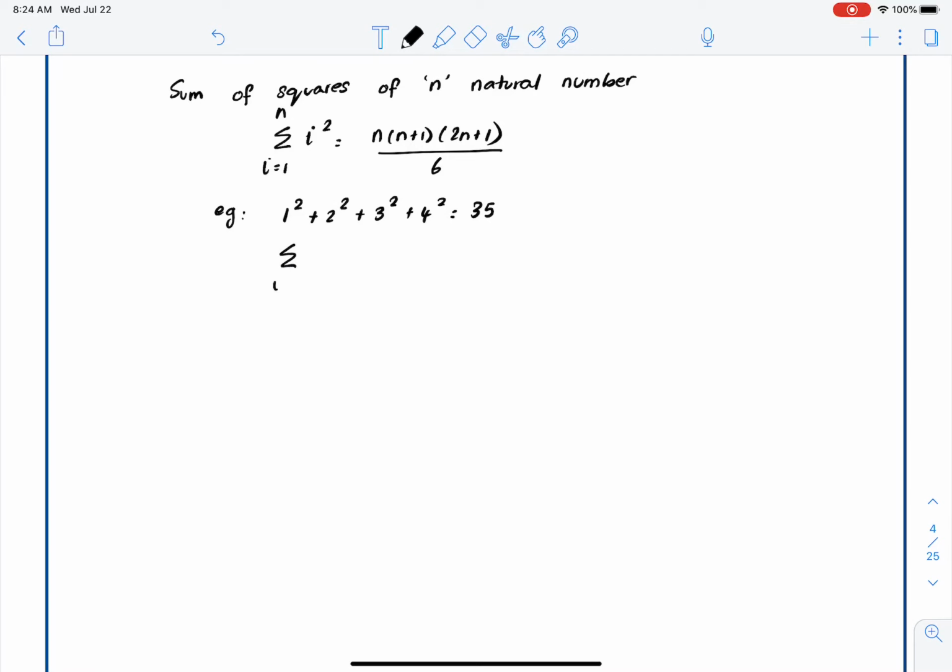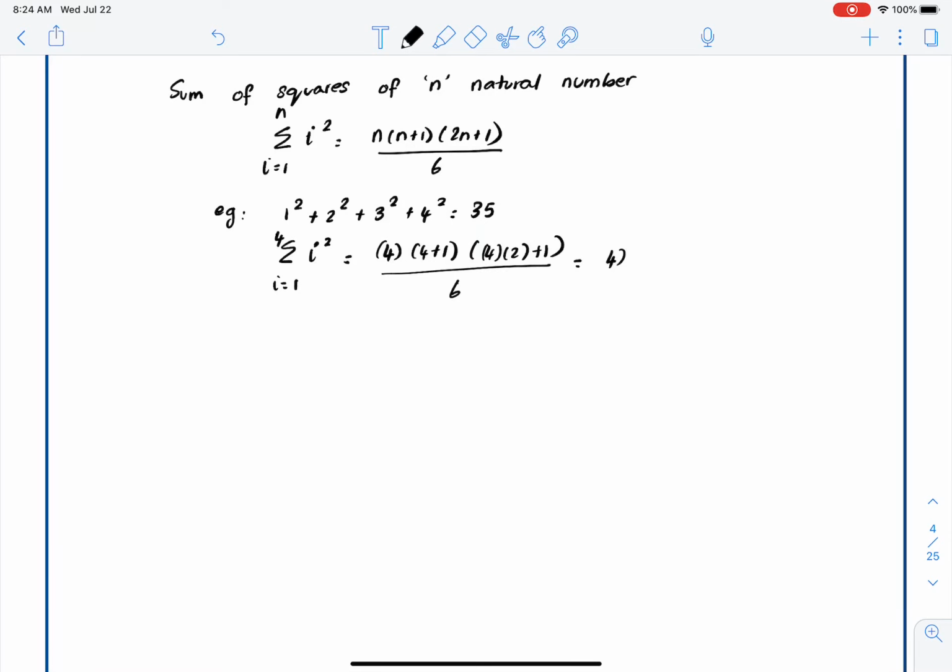So our sum would be i equals 1 to 4, i squared, which is simply 4 times 4 plus 1, times 4 times 2 plus 1, divided by 6.